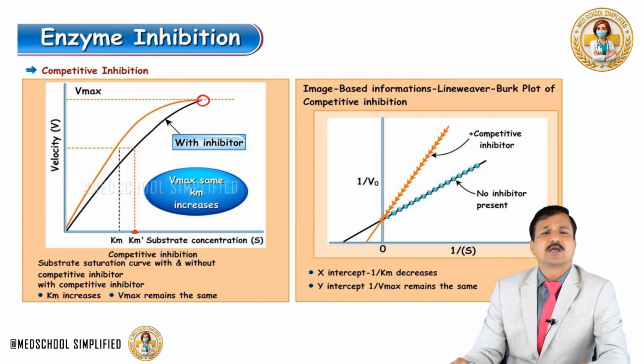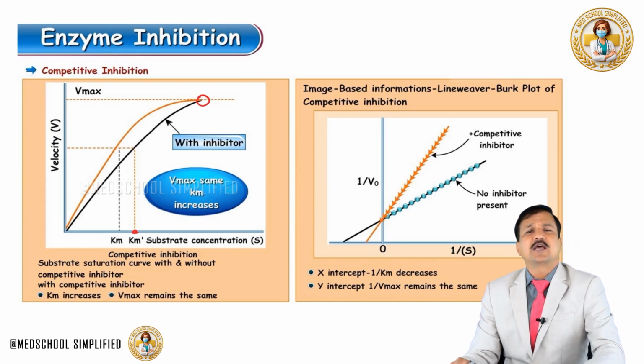So we compromise by increasing the substrate concentration to reach maximum velocity. That means in competitive inhibition, the enzyme can still reach maximum velocity. The only thing is that there should be an increase in substrate concentration, which increases the Km of the enzyme.